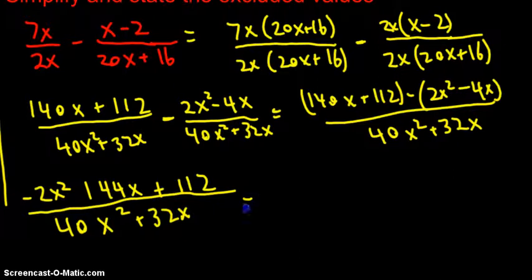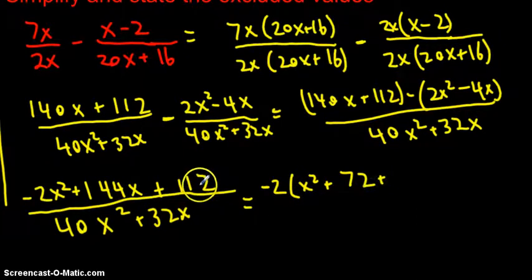Alright, the numerator has a GCF of negative 2, so it's negative 2 x squared, oh, I left out a plus, I think. Plus, what is it, 72x plus 56.